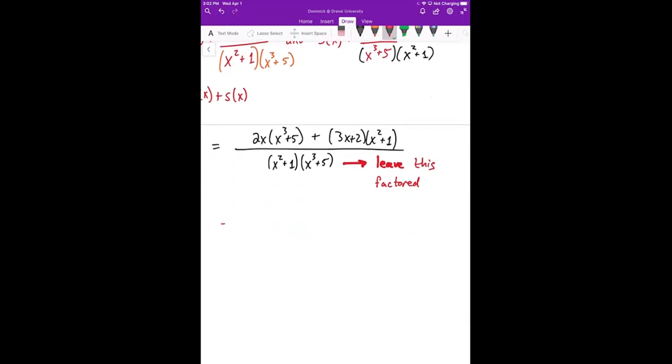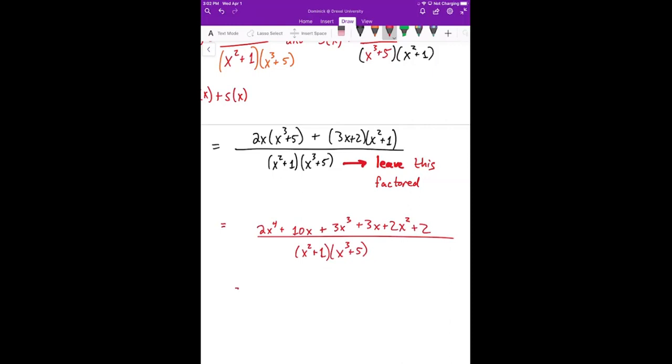All right, but if we do this, so if I multiply 2x times x to the third, I have a 2x to the fourth plus a 10x. And then we're going to get a plus a 3x to the third plus a 3x plus a 2x squared plus 2. Of course, all of this over our x squared plus 1 times x to the third plus 5.